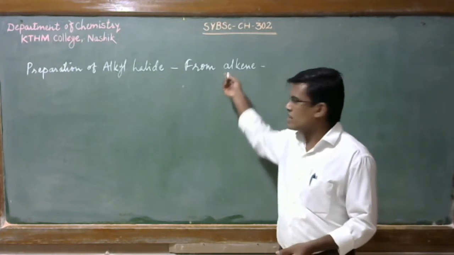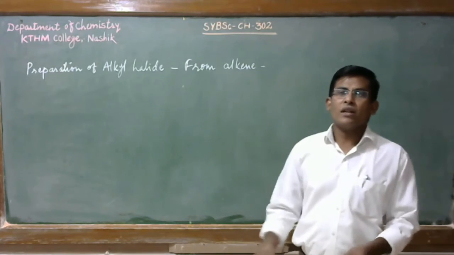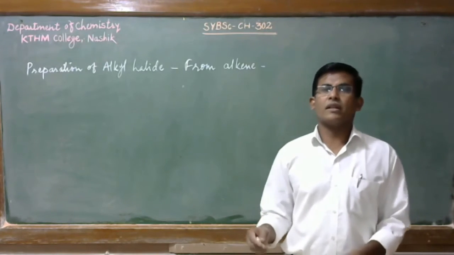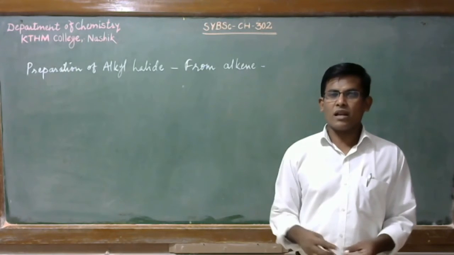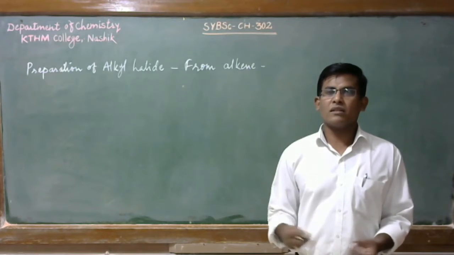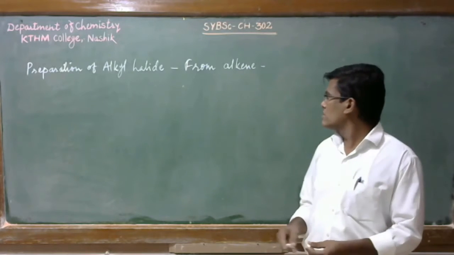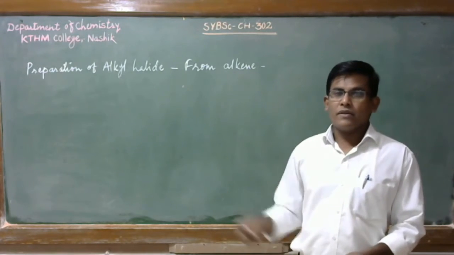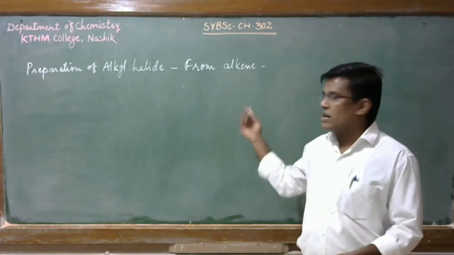We know this alkene is electron rich, so it can add hydrogen halides, for example HCl, HBr, HI, HF, and so on. It will give the alkyl halide.